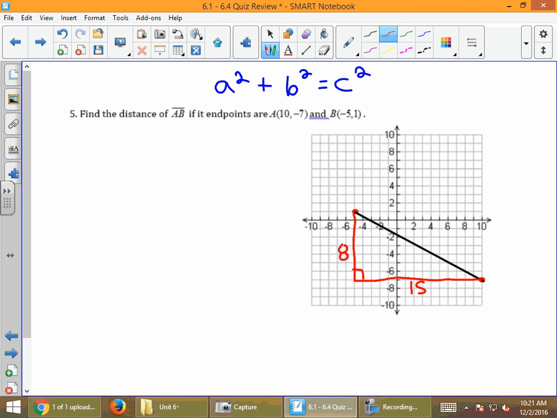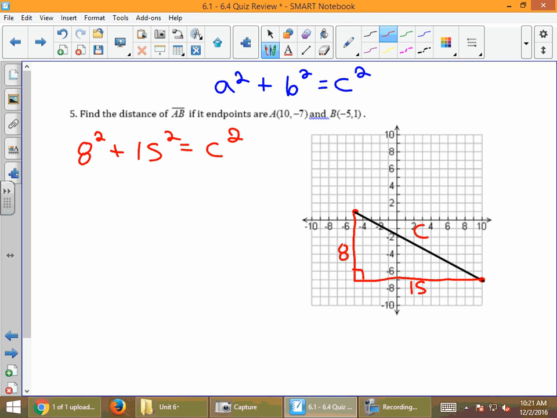15. The nice thing about the Pythagorean theorem is it's always the same, because the piece I'm trying to find will be the c value. So a and b don't matter. We just plug it into that formula at the top. 8 squared plus 15 squared is equal to c squared.